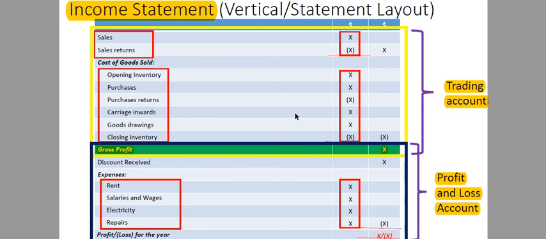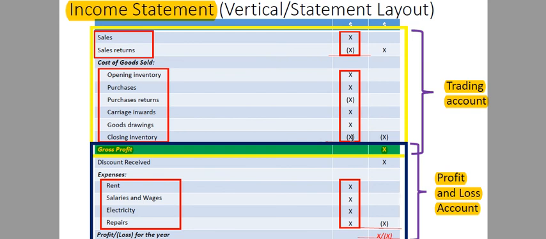And then in the second column, you would just have the opening inventory, and you will substitute the other numbers, purchases, purchases returns, carriage inwards, and goods drawings, with just one number, which would be the net purchases number, and then you would subtract the closing inventory. Again, it's an option, and you may come across it sometimes.